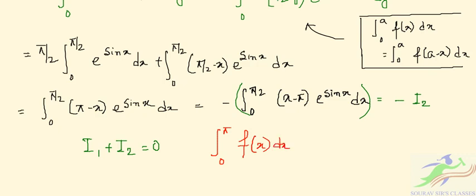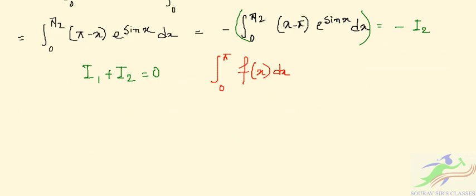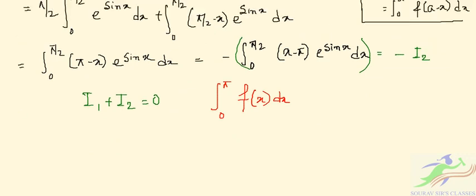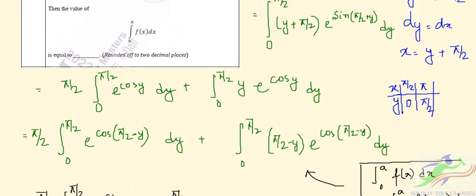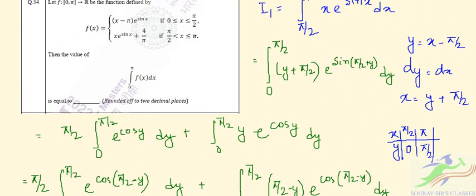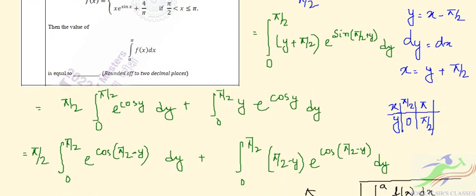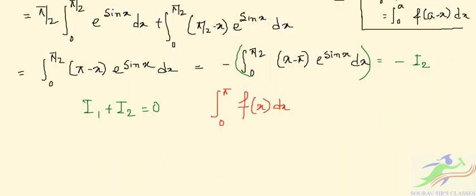So now write the full equation from 0 to pi. Okay. So we have to find the integral from 0 to pi by 2 and from pi by 2 to pi. So here it will be I1 plus I2.